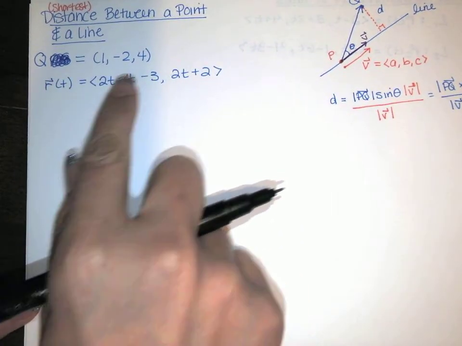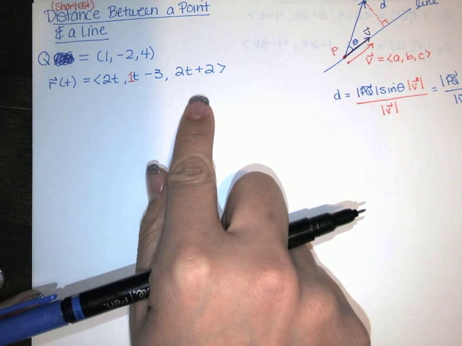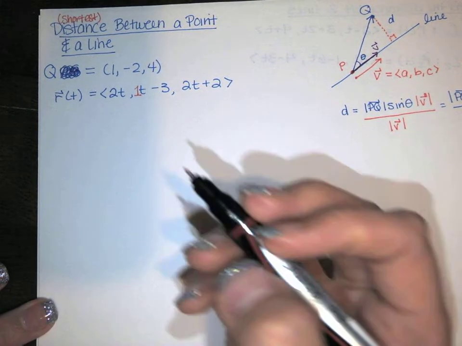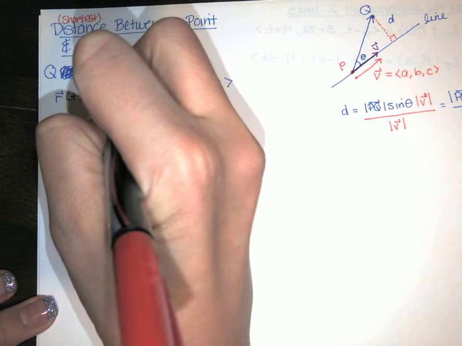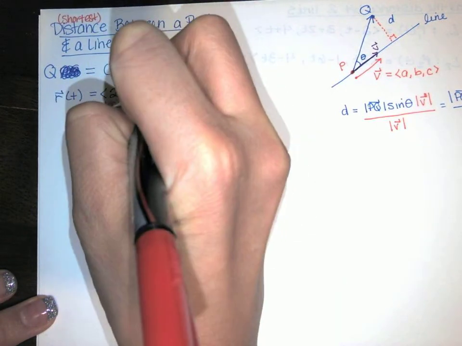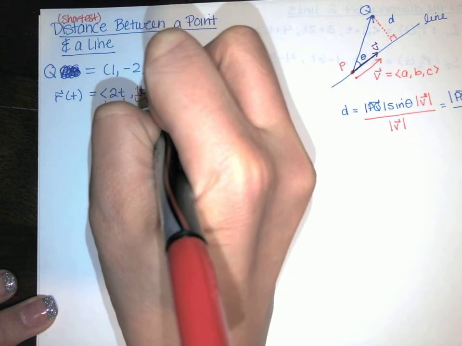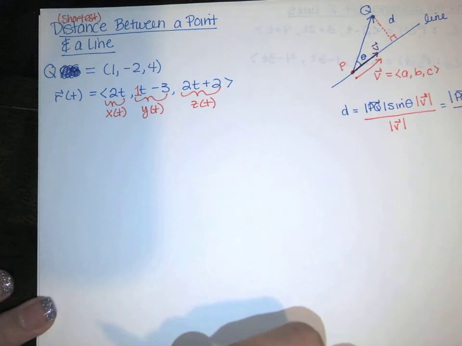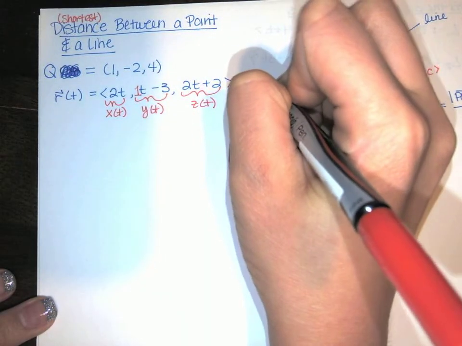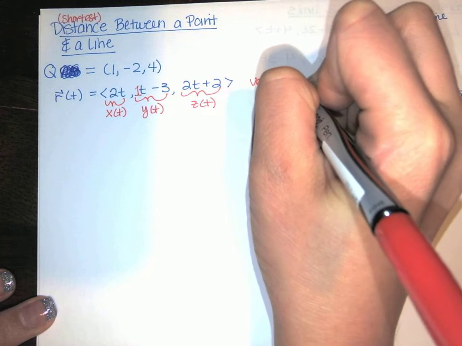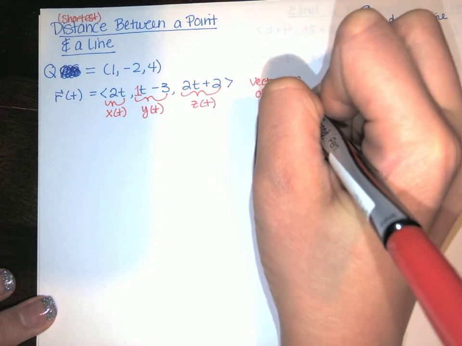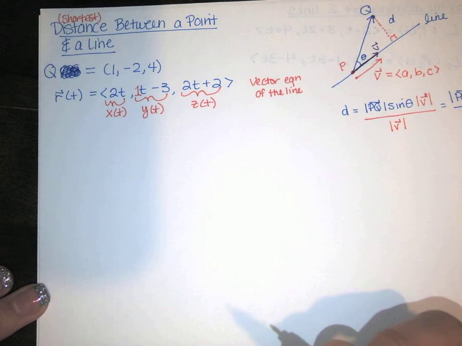Notice we're given Q and we're given R. So the first thing I need to do is identify x of t, y of t, and z of t. So this is x, this is my y of t, and this is z of t. Those are the components in my vector equation of the line. The line that we're interested in.